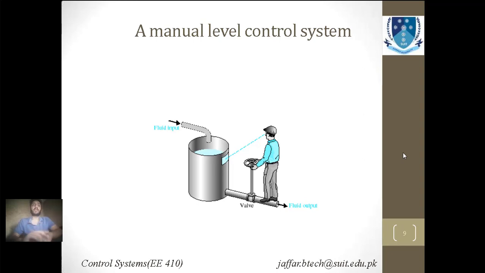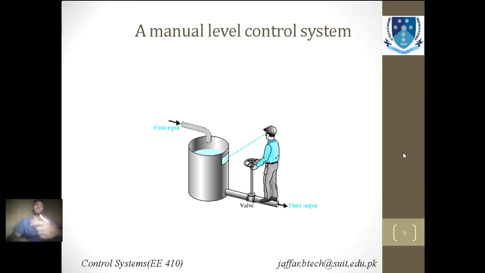Another example of a control system is given on the screen over here. You can see that there is a man who is controlling the valve to fill up a tub, or you can say a beaker or a drum of water, and there is some input that is flowing inside the tub. The man is controlling the valve to control the output depending upon his eyes.